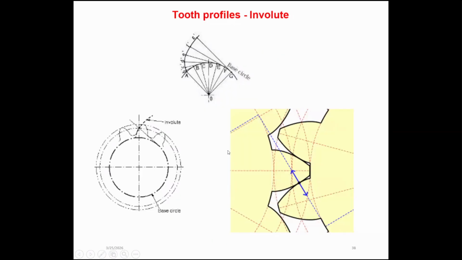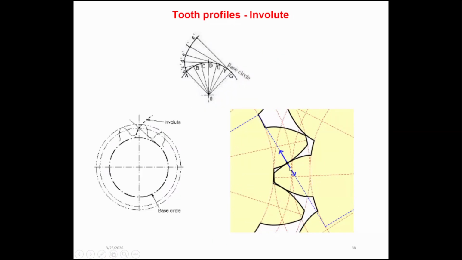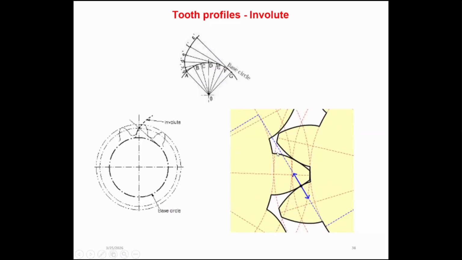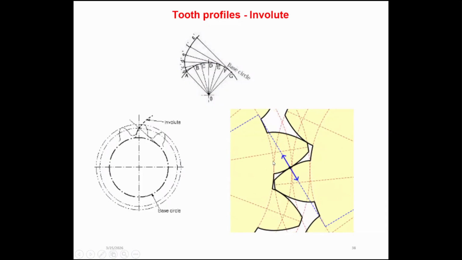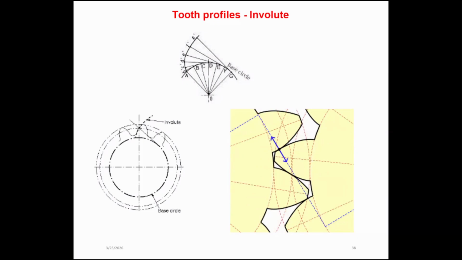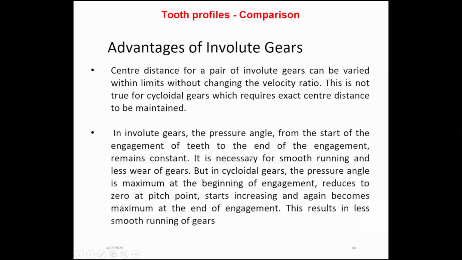Right? Now you can watch this particular GIF again. Now, pressure angle, you know how to get the pressure angle. It remains constant. It is necessary for smooth running and less wear of gears.